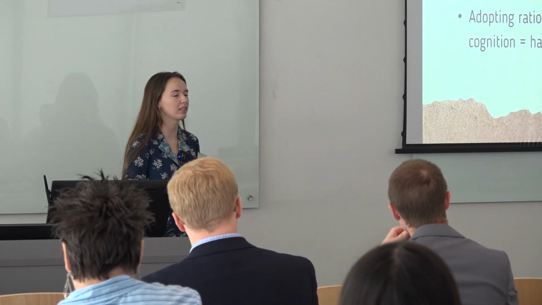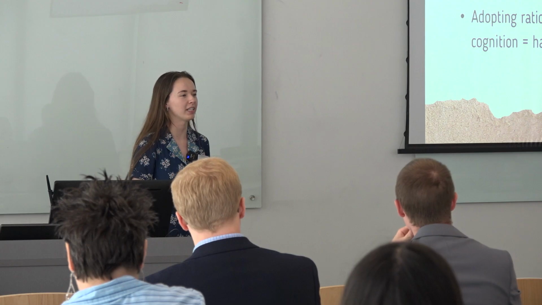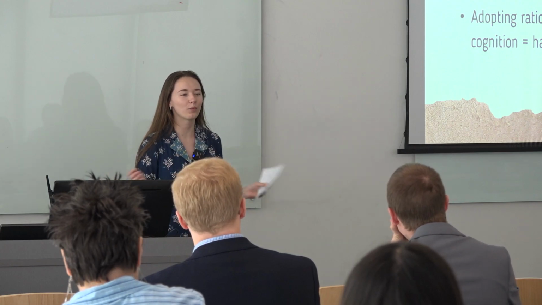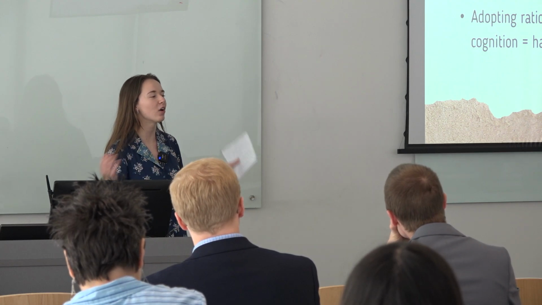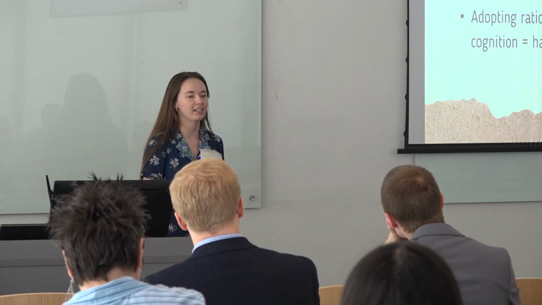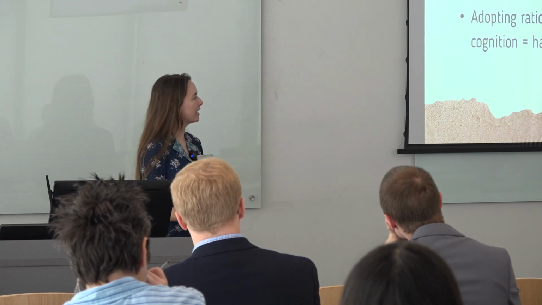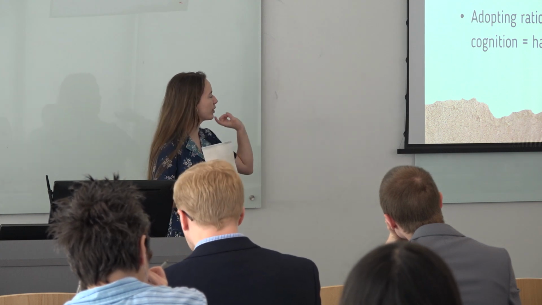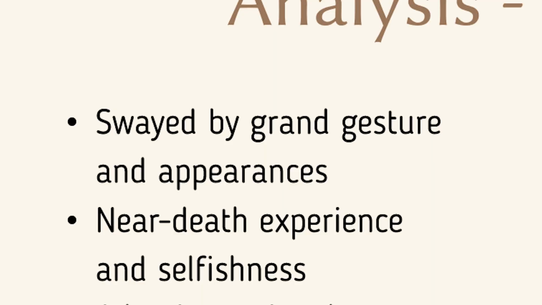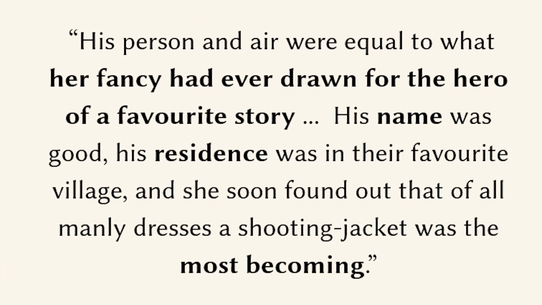She first falls in love with him whenever she twists her ankle and falls into his arms, so she is swayed by this grand gesture, and he's described as handsome. Her description of him over there is that she was attracted to him because he fancied the heroes that she's read from her favorite stories. So she was more drawn to, like I said, grand gestures and appearances.